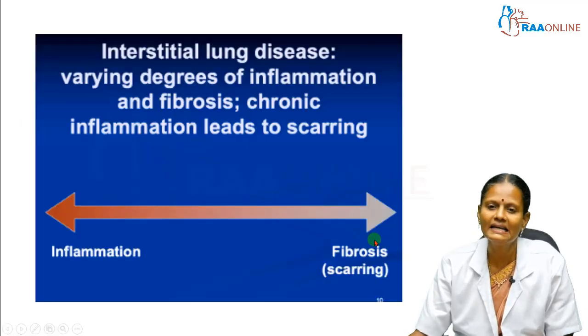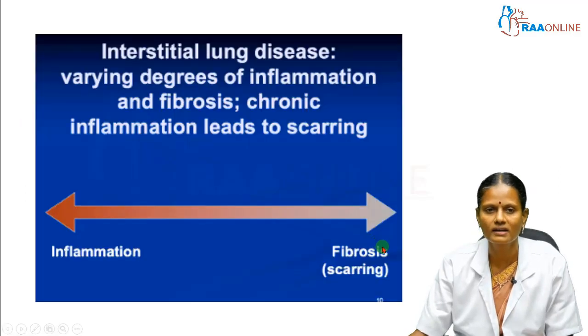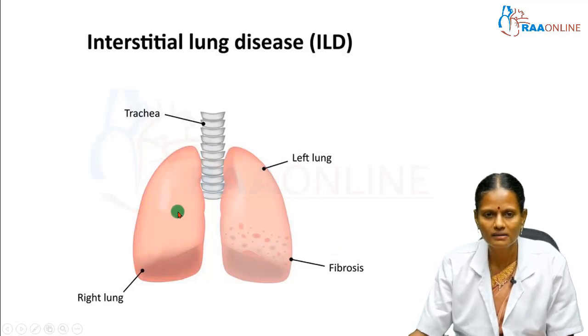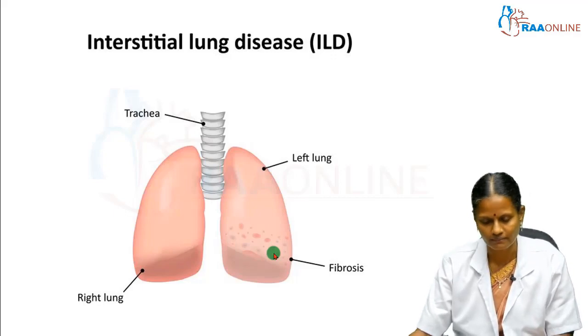Thus they are characterized by varying degrees of inflammation, ultimately leading on to fibrosis or scarring of the lung. So this is a normal lung and this is the trachea, and this is a fibrosed lung as a result of any etiological factor that leads to interstitial damage.